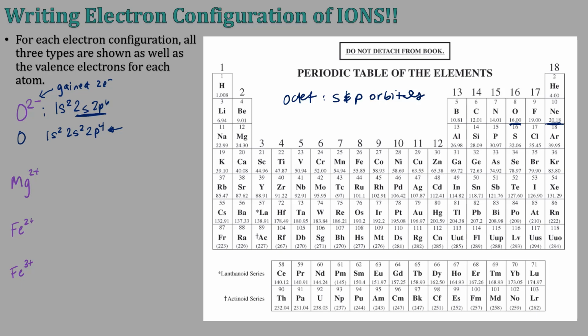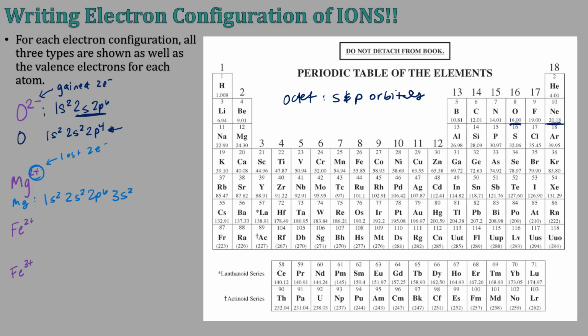All right, now for magnesium, if I look at just magnesium without the charge, that means that I would have 1s2, 2s2, 2p6, 3s2. Now, it has a 2 plus charge, so it didn't gain electrons because electrons are negative. It lost electrons. So it lost 2 electrons.